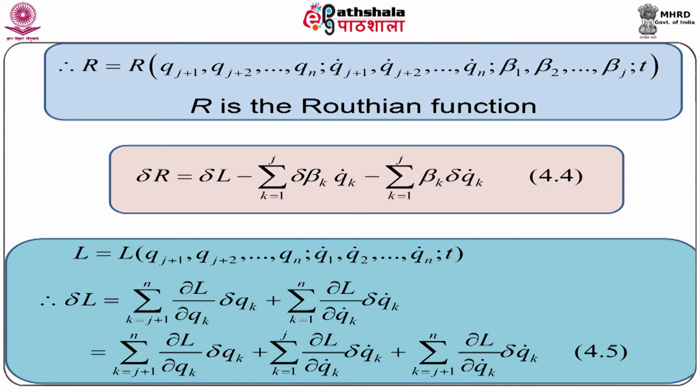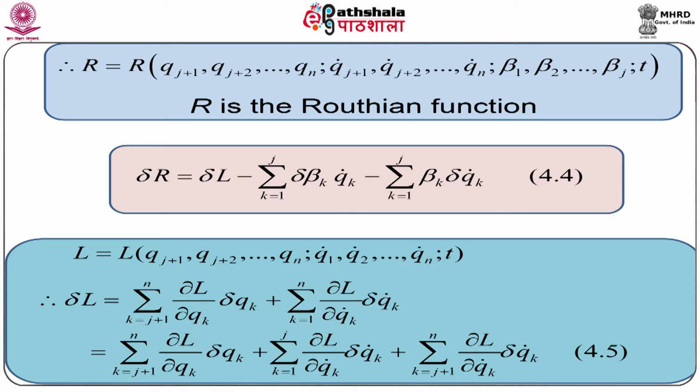We get this result from R equal to L minus summation over k beta k into qk dot. Taking the differential, we get equation 4.4.